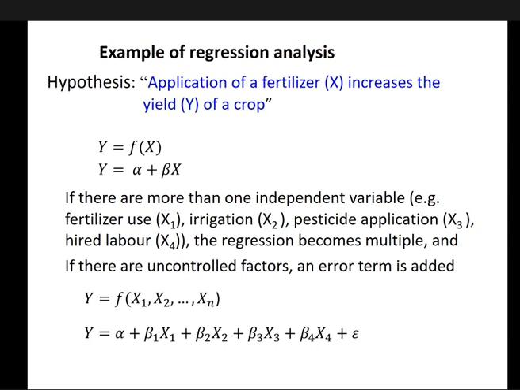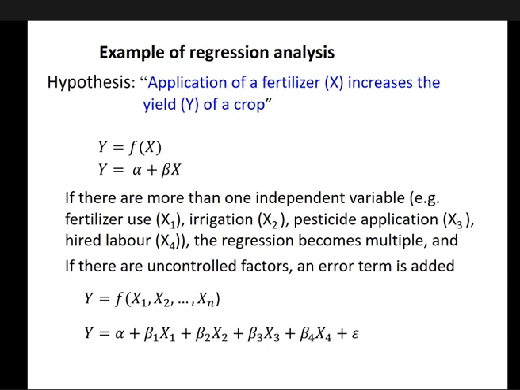In this case, our hypothesis is that when you apply a fertilizer X, the yield of a given crop increases, because if it is really a good fertilizer, and a farmer applies it to a certain crop, then the yield of that crop will go up.